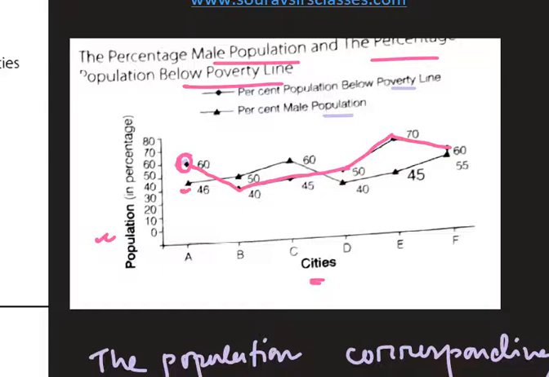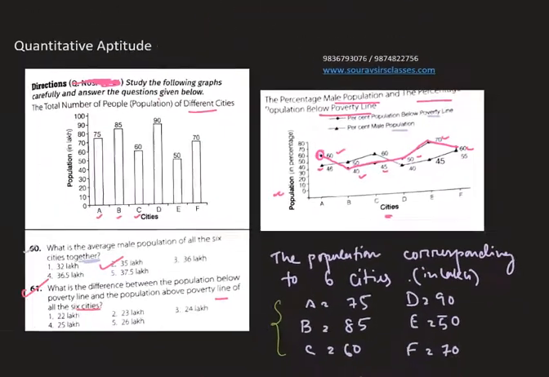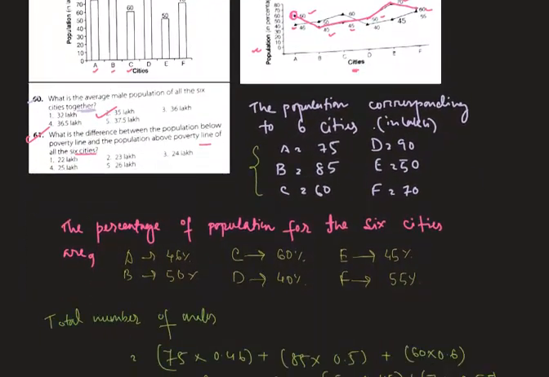Therefore, the corresponding percentages are 60, 40, 45, 50, 70, and lastly 60. We already know the total population in each of these cities. Now we just need to multiply each of the percentages with the total population to get the population below poverty line in each city.